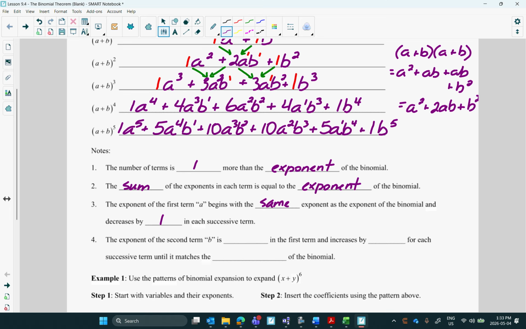The second term actually starts as 0, because technically I could put b to the 0, because b to the 0 is 1. And then it starts to count up. It increases by 1 until it reaches the same exponent as the binomial. Okay.